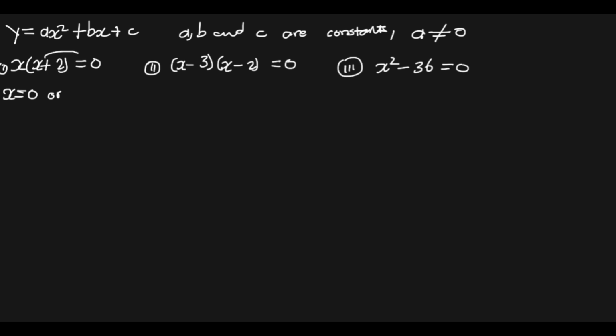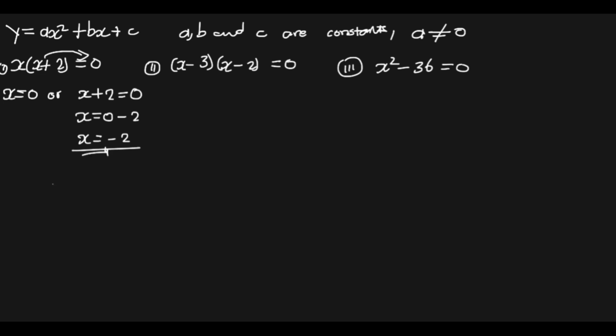So x equals 0, or the inside part also equals 0, which is x plus 2 is equal to 0. Then we move our positive 2 to the other side, giving us x is equal to negative 2, since the sign changes from positive 2 to negative 2. So the other x value is negative 2.